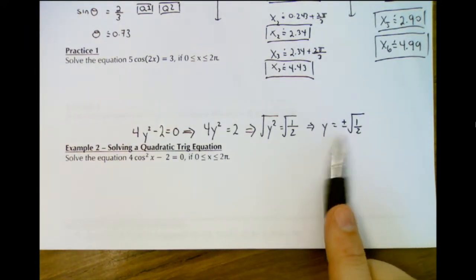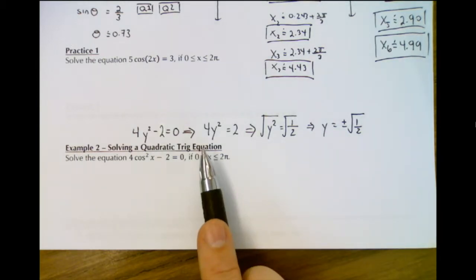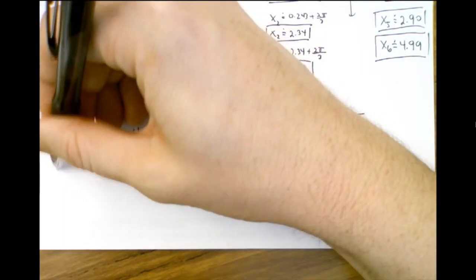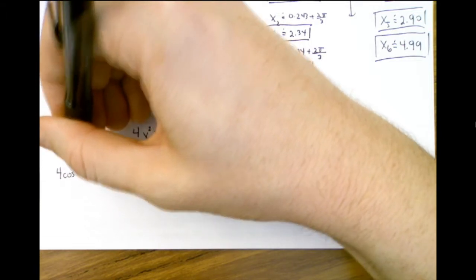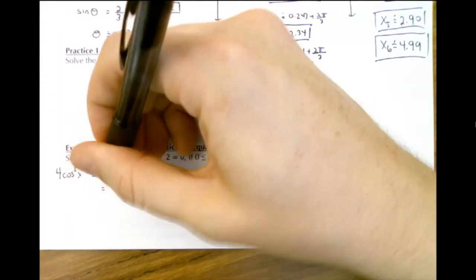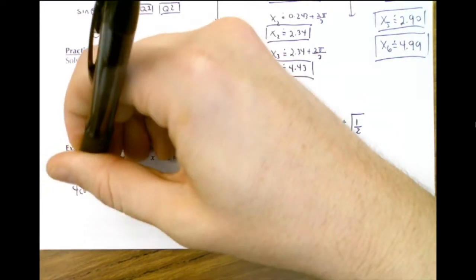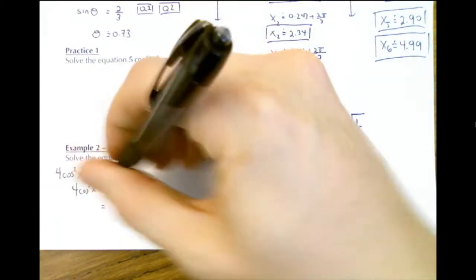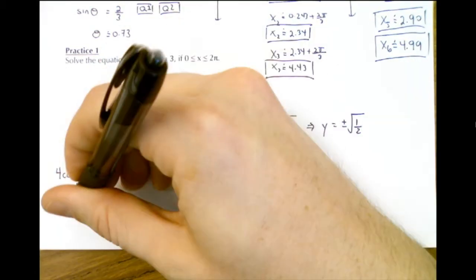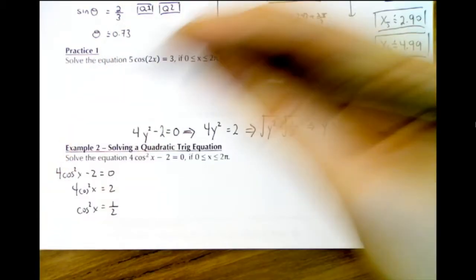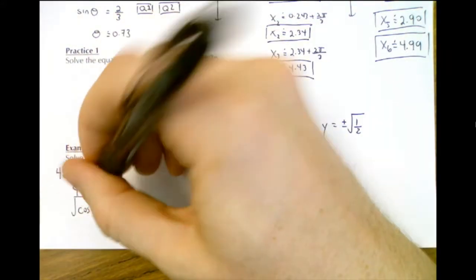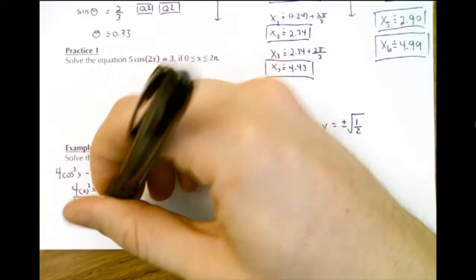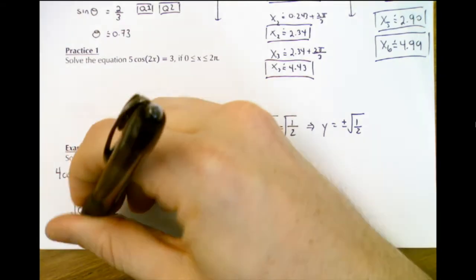So it's pretty much solved the exact same way, except instead of y, we have cos. So here we go. 4 cos squared x minus 2 equals 0. Add 2 to both sides, start isolating. Divide both sides by 4. 2 divided by 4 is 1/2. To start isolating for x, we'll square root both sides, and we get cos x on this side.